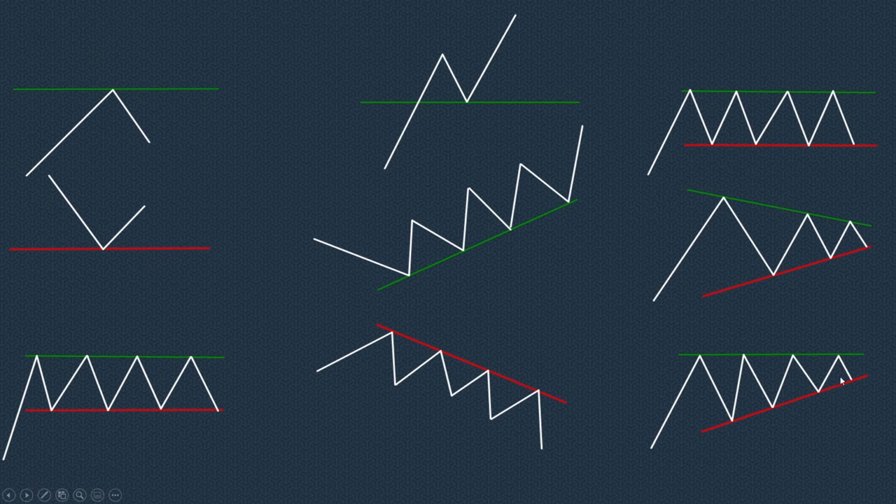It's very rare that you can see this formation ideal, with the dynamic support here and a very ideal level where every previous impulse bounces from the same level. It's very difficult to find. However, if we have something almost the same here, let's say like that, finally we can say that this is the pressure triangle.